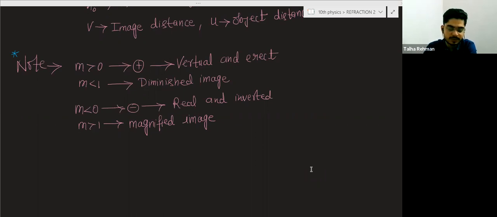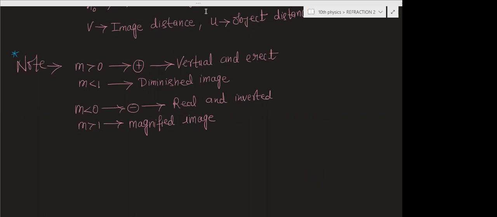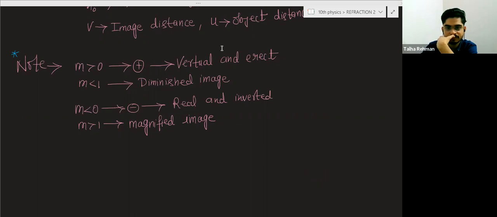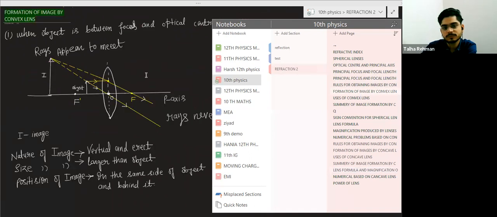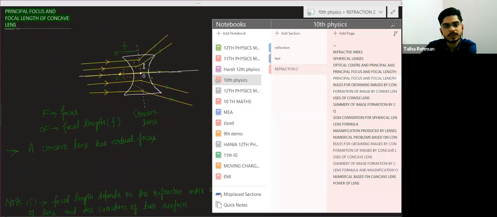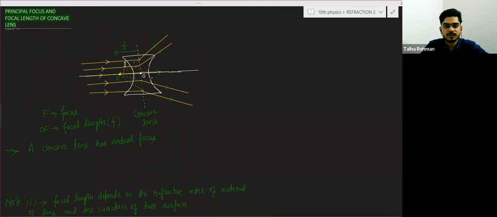So Azaan, tell me which lens is a converging lens? Okay. Which lens is converging lens? Concave lens. So see here, this is the concave lens.